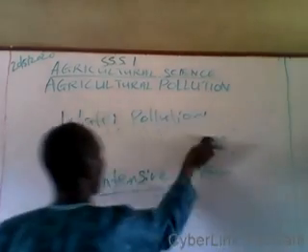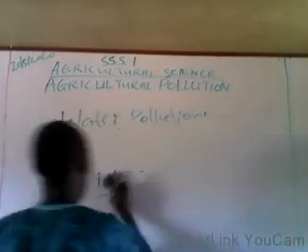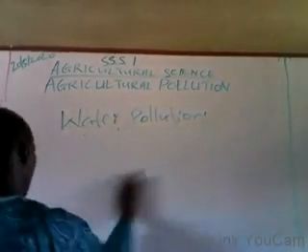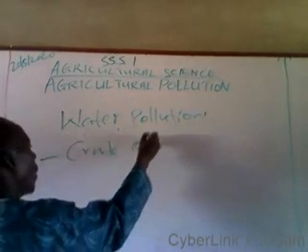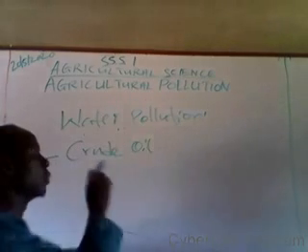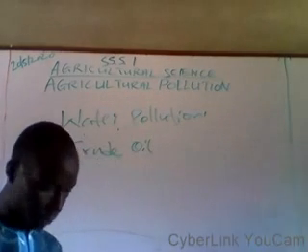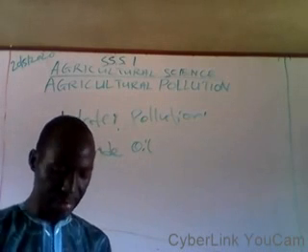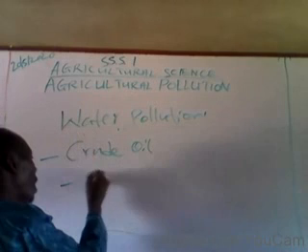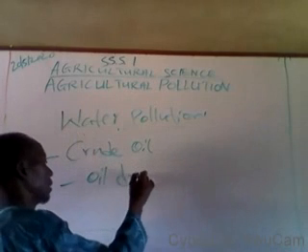So, another example of water pollutants is crude oil. The source is through oil drilling.